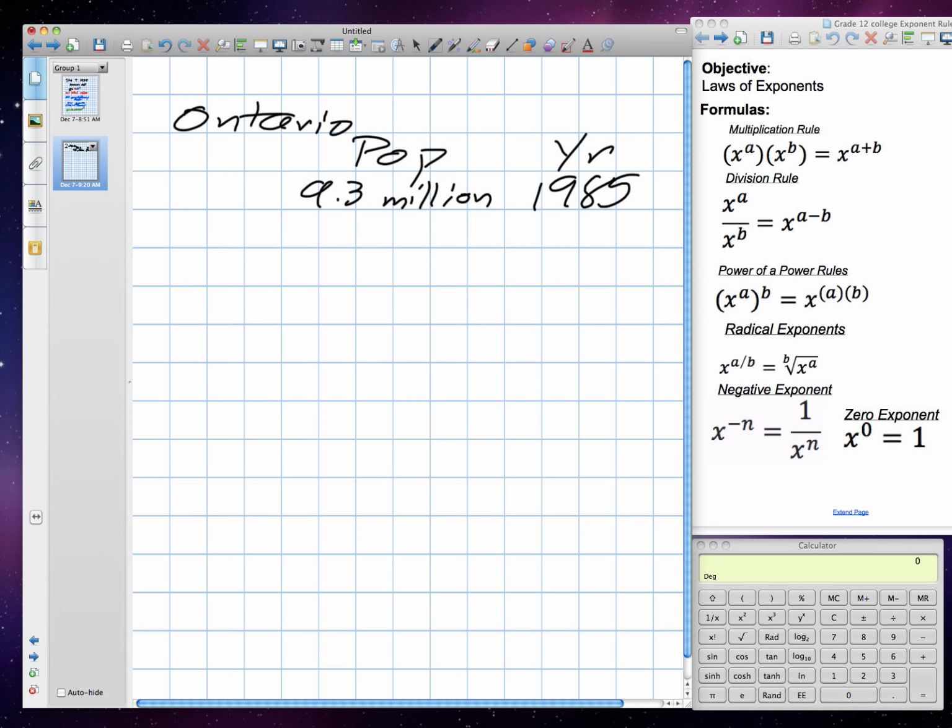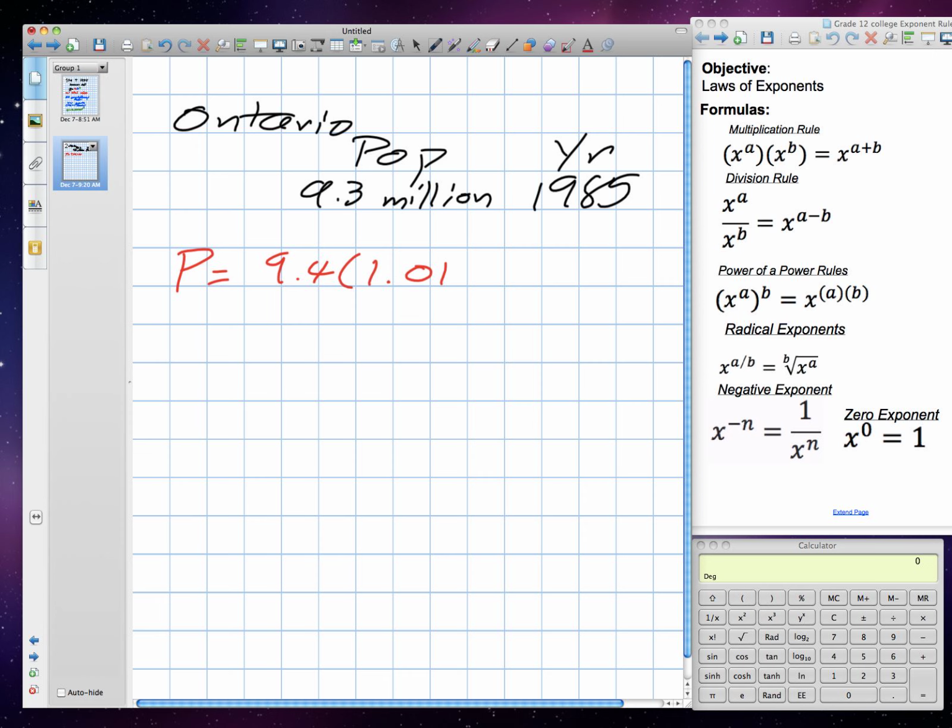Okay? This situation can be modeled by the equation P equals, so this is the equation they're giving us, and I'm going to show you how they derived it actually. P is equal to 9.4 times 1.0125 to the power of t.